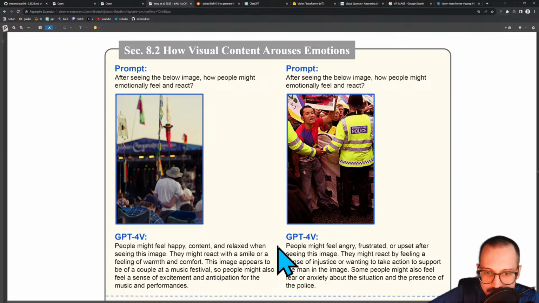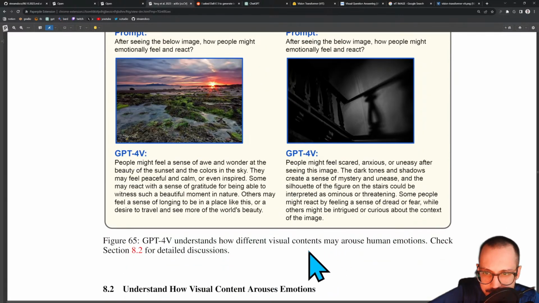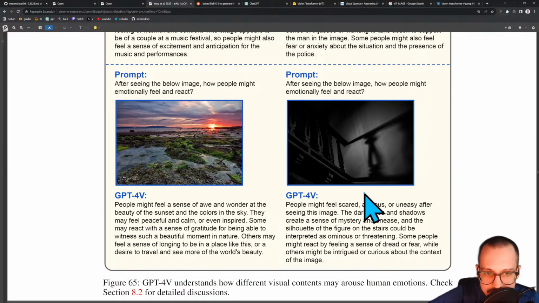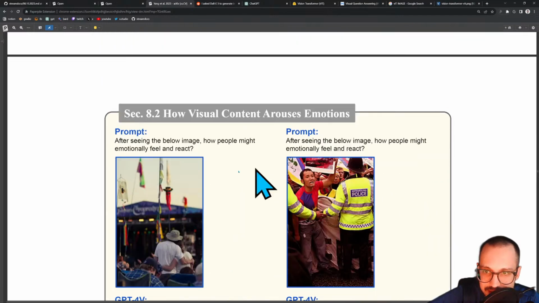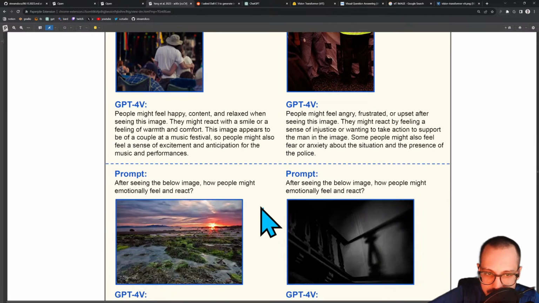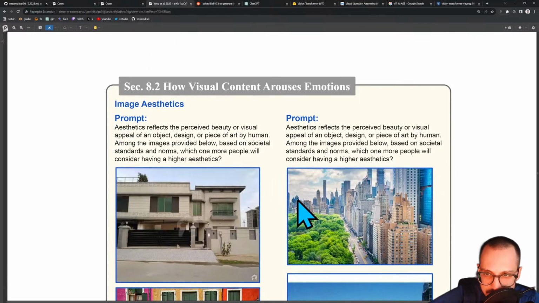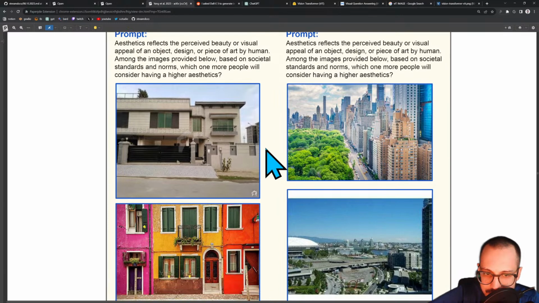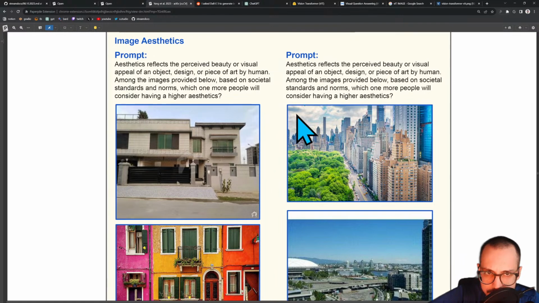Frustrated or upset after seeing this image. Awe and wonder. Scared, anxious, or uneasy. How visual content arouses emotions. How visual content arouses emotions, part 2.